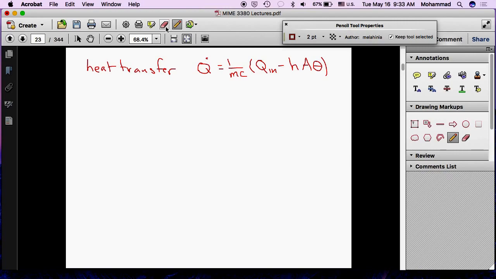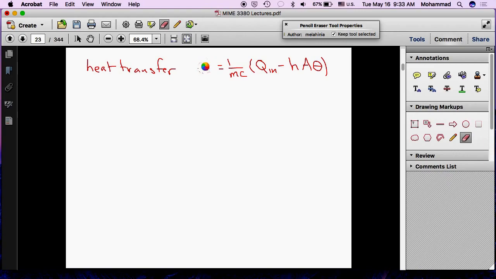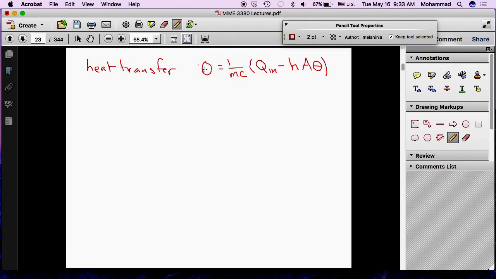In writing the differential equation. Theta dot, right? This is theta dot, this is not Q dot. So let me correct that. And again, the form of the equation we're trying to get to is this T x dot plus x is U input divided.